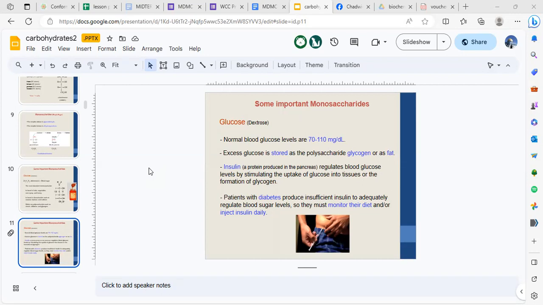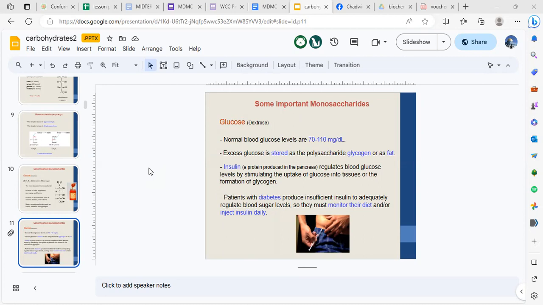They eat too much sweet, so this sugar accumulates in their organs, and this will lead to the damage of their organs, and eventually they can die from that.